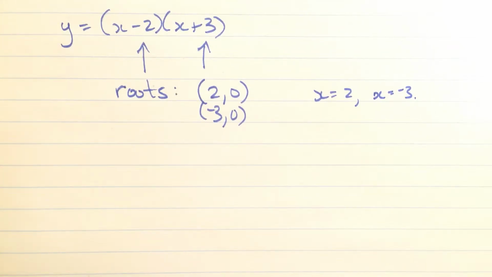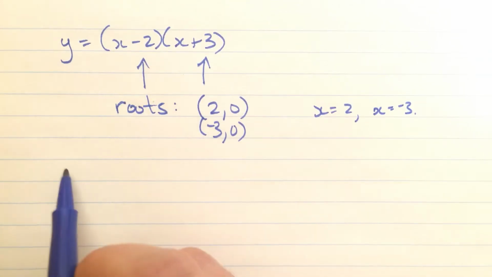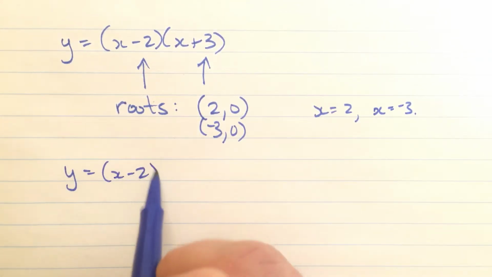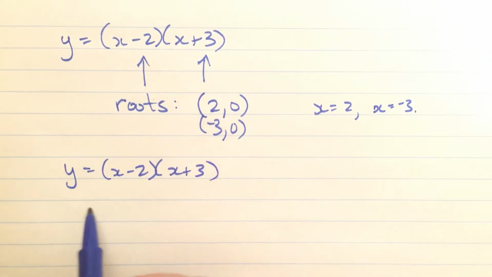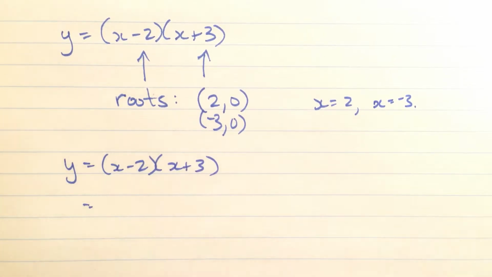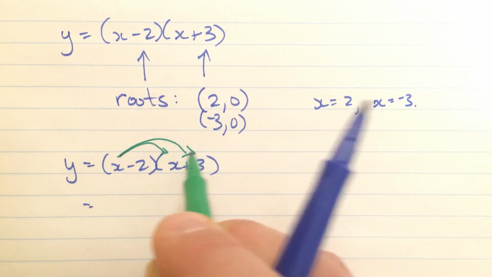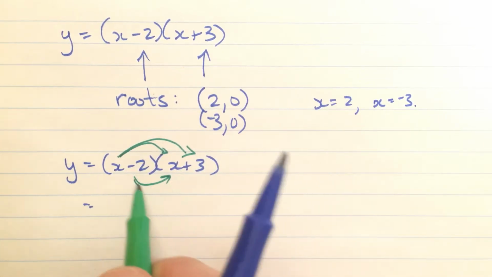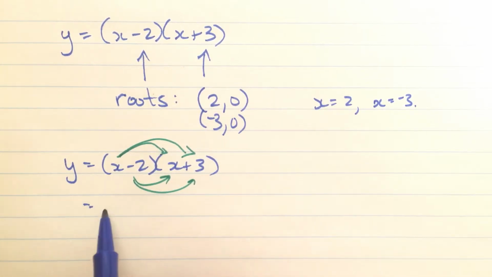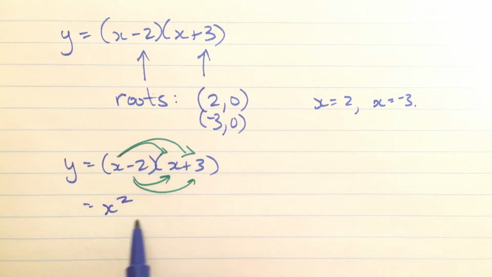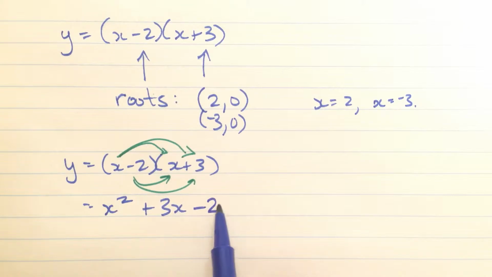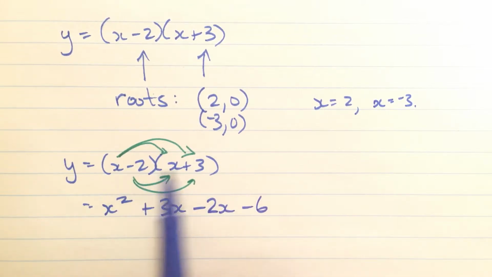Okay, so now let's get to standard form. So I'm going to take this, let me rewrite this. Binomial expansion again, multiplying x times x, x times 3, negative 2 times x, negative 2 times 3. So x times x is x squared, x times 3 is 3x, negative 2 times x is negative 2x, and then we have the two numbers multiplied together to give minus 6.